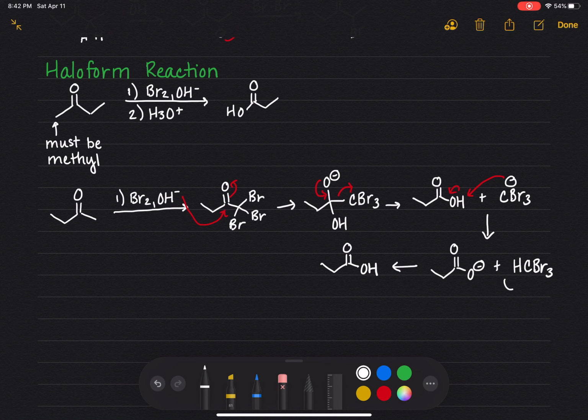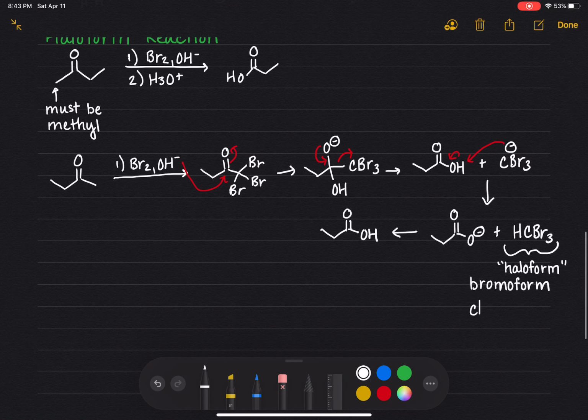And this molecule that is produced, our leaving group that's been protonated, this is a haloform. That's its generic name. For this particular one it is bromoform because it's made with bromines. So you could take a guess what chloroform would look like now that you know that.